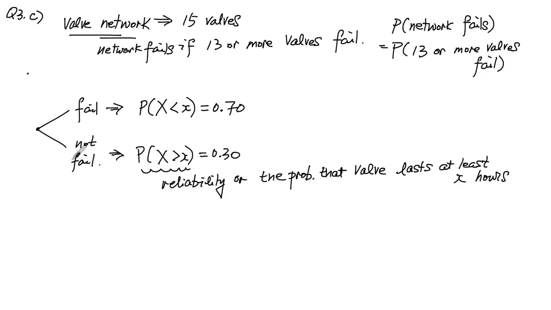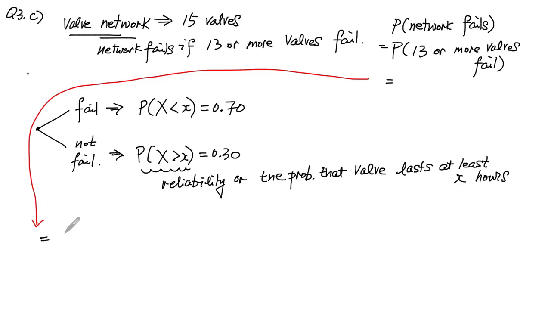Okay. So going back to my original probability, let's continue here. It is going to be the probability that Y is greater than or equal to 13, where Y is now binomial with 15 Bernoulli trials and a probability of success of 70%, where here success is defined as failure.